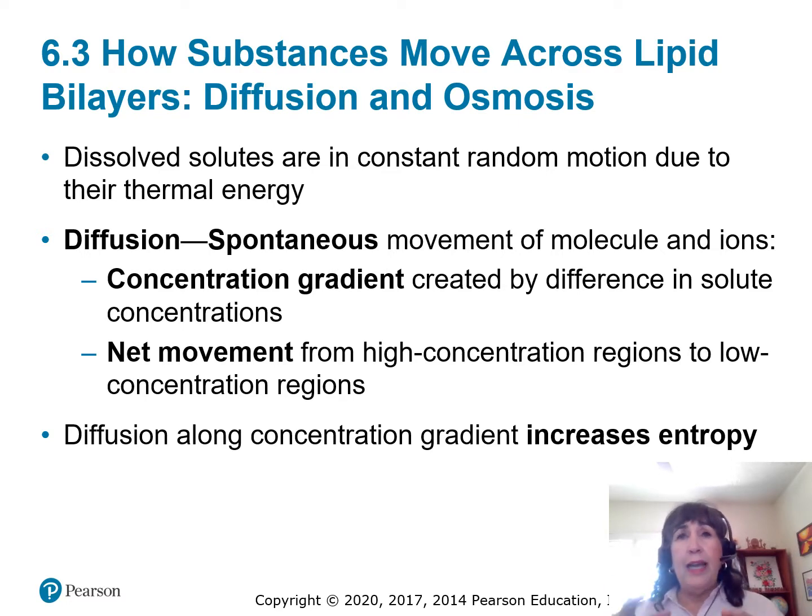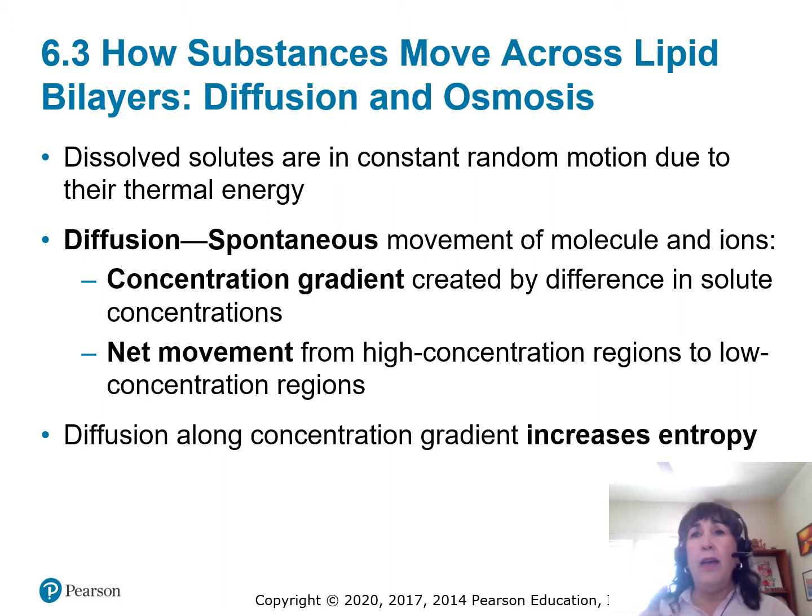When you put them all together within that triangle, they're closely together, but when you hit them with the cue stick, they move across in a random motion. But we don't need a cue stick for molecules because they have their own thermal energy, and they start bouncing off each other and shooting away from one another. So diffusion is that movement from a high concentration to a low concentration.